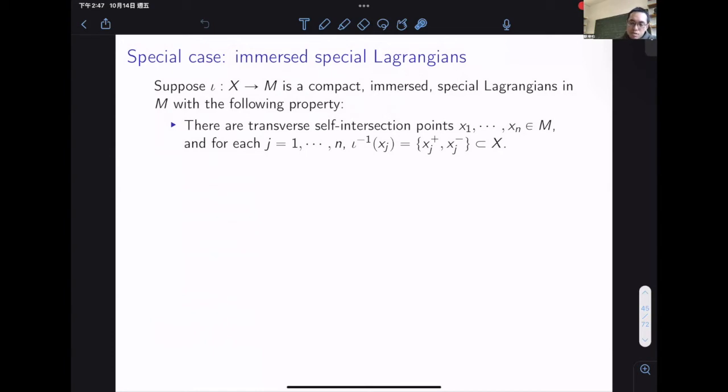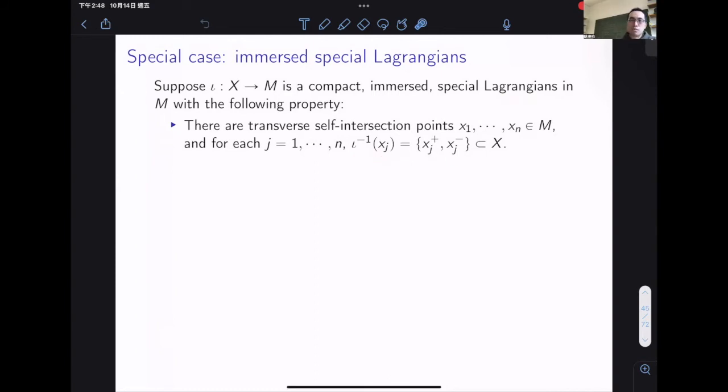Suppose X is a compact immersed special Lagrangian, then for each transverse self-intersection point x_1 to x_n, the pre-image has 2 points.